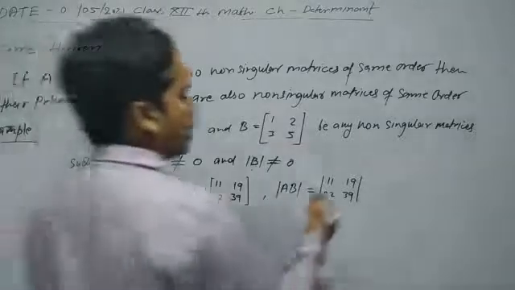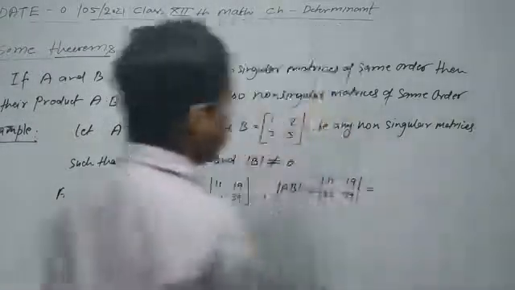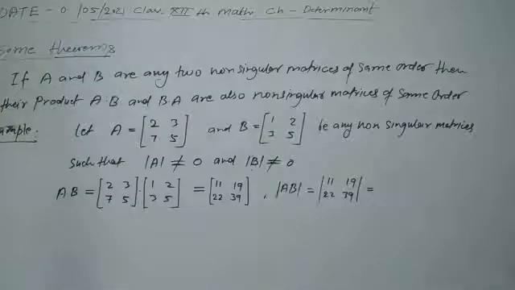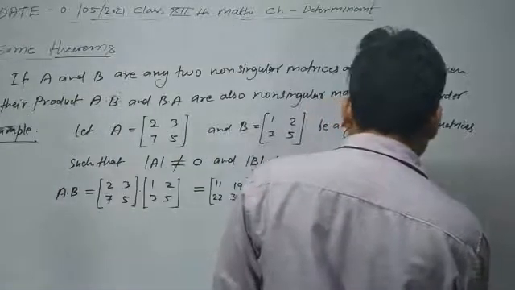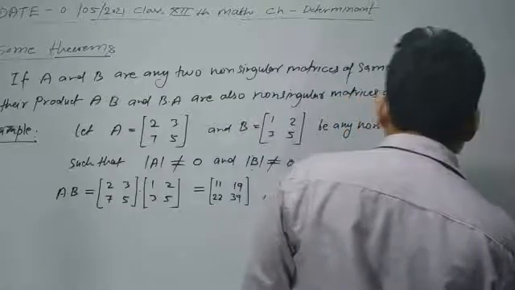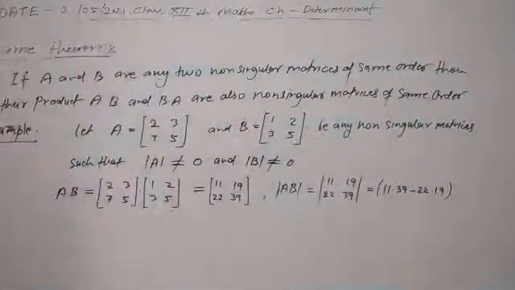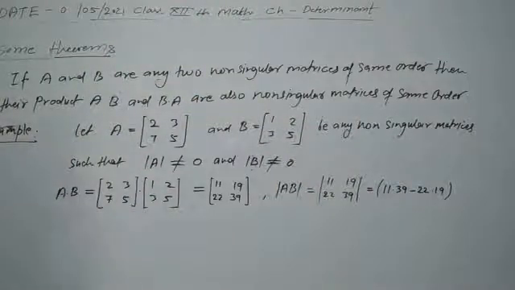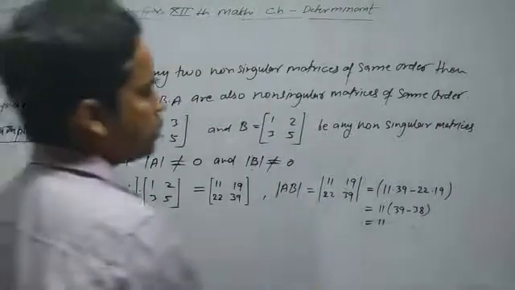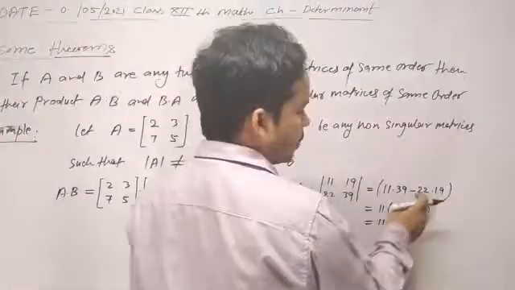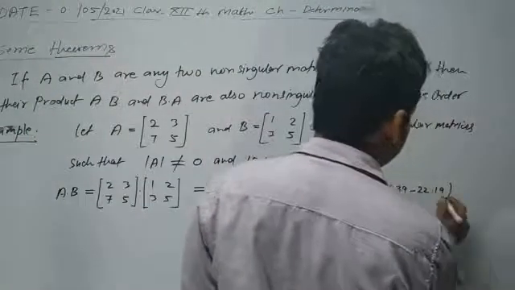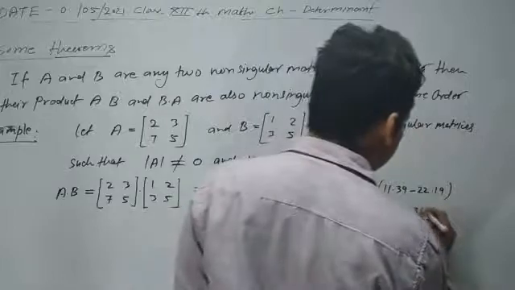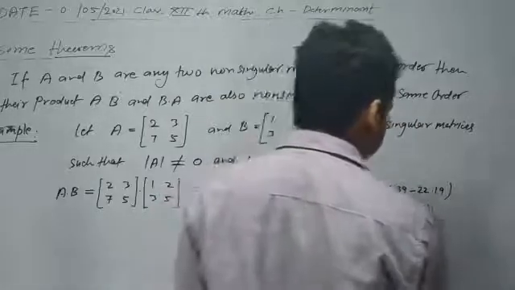When you solve it, the result is not equal to 0, because 11 into 39 minus 22 into 19. Take 11 common, then 39 minus 2 into 19. 19 2s are 38, and 39 minus 38 is 1.